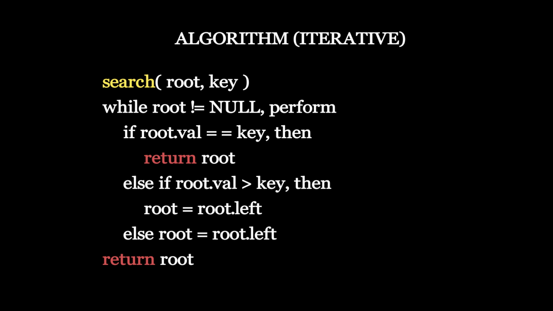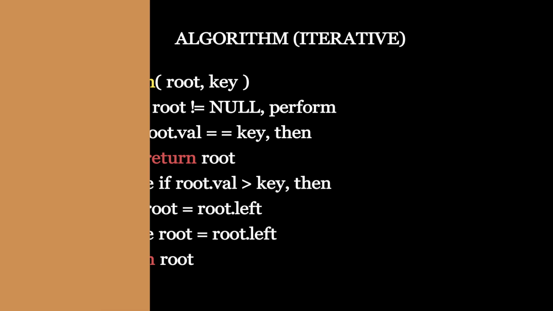Otherwise, we are going to update the root pointer. If the value of root is greater than the key, then the root node will point to its left child. Otherwise, the root will point to its right child. After the while loop ends, we return the root node. It deals with the case when the search is unsuccessful. And that's it. Now let me explain this algorithm with an example.